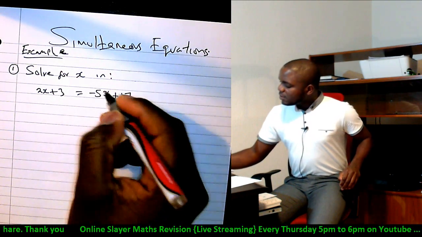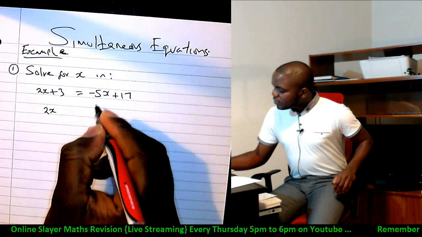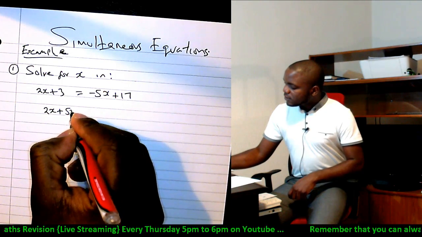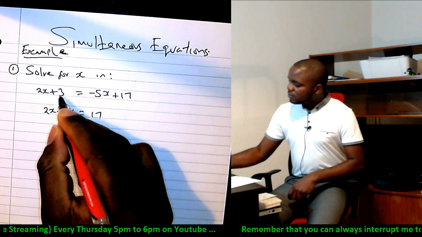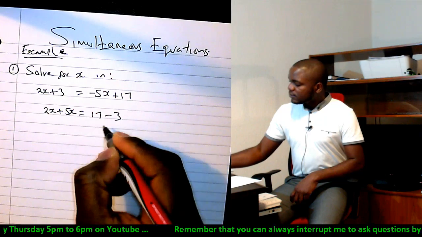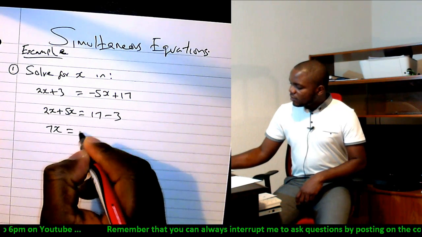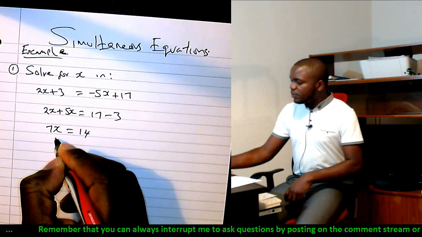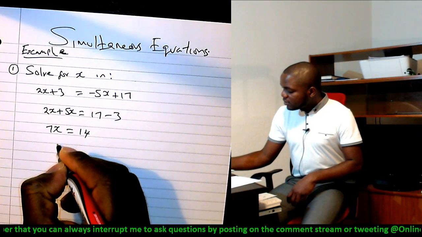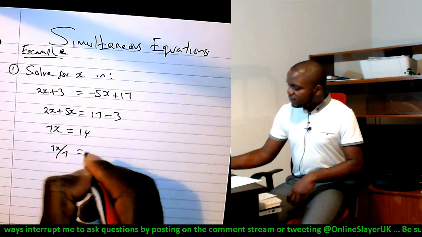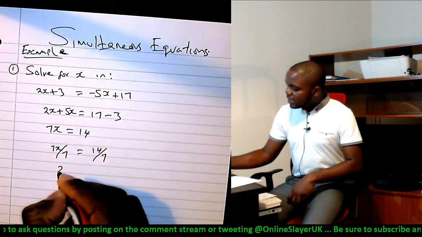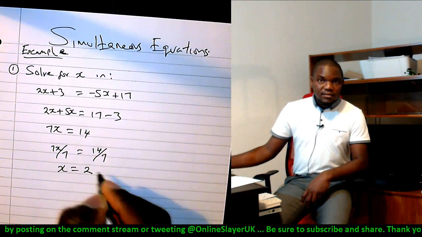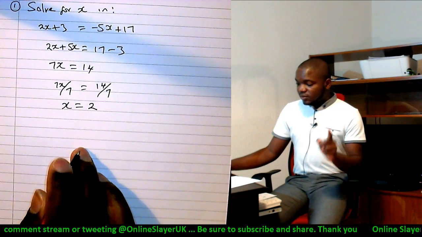So it becomes 2x, you add 5x to both sides, equals 17. You subtract 3 from both sides. So you've got 7x equals 14, and you divide both sides by 7. So it becomes 7x over 7 is 14 over 7. x is equal to 2, isn't it? Straightforward. Don't get too excited.